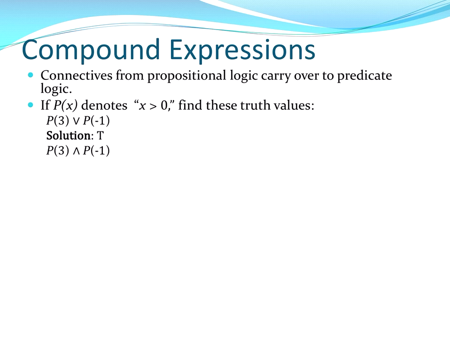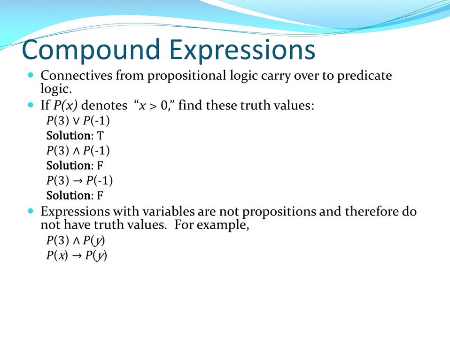P at 3 and P at negative 1, well, P at negative 1 is false, so both of them have to be true for this statement to be true, so that's false. And P at 3 implies P at negative 1. Well, P at 3 is true, P at negative 1 is false, and a true implying a false is false by our truth table for implication, so that's false.